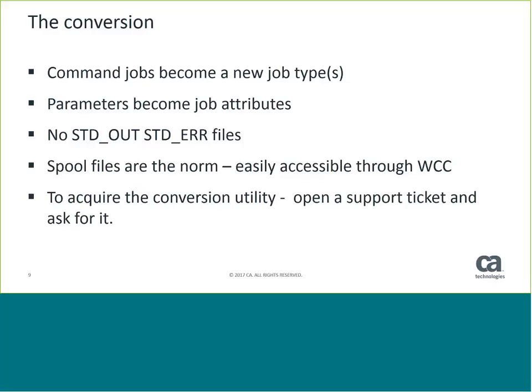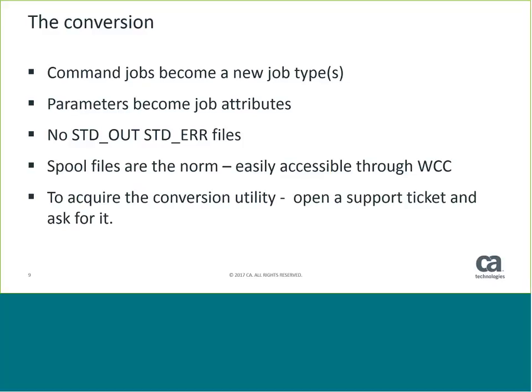So that's one of the things where we have to take a look at what do you do with your standard out and your standard error today, and how can we switch that over to spool files. I have some people who move the standard out and standard error off, they archive them. So those are the kinds of things you kind of have to look at. How am I doing that today, and how is changing that going to impact going forward? Okay?